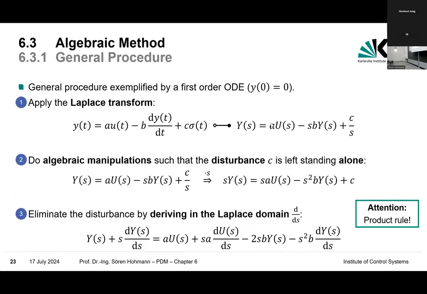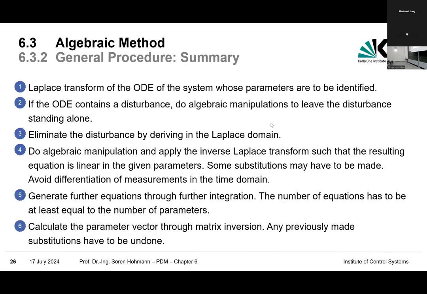We learned something about how to do that, and I want to summarize the basic steps and perhaps reduce this one to enhance readability. So we start with the Laplace transform. The Laplace transform is helpful because we can do all the manipulations easily, and therefore it's called the algebraic method.